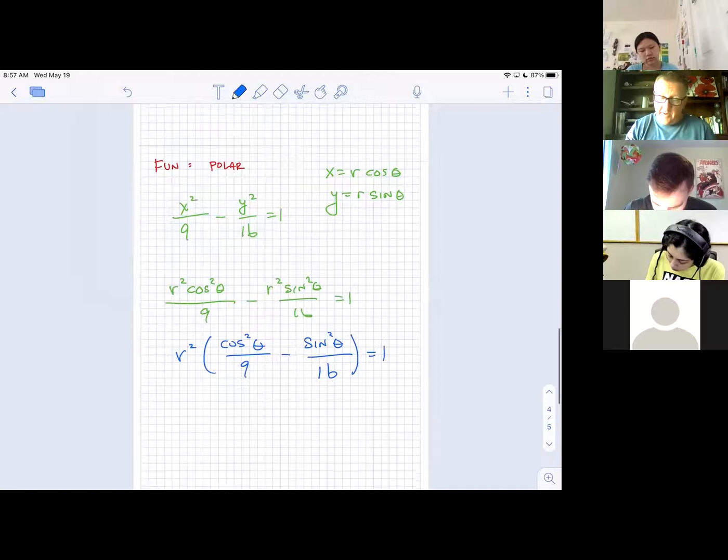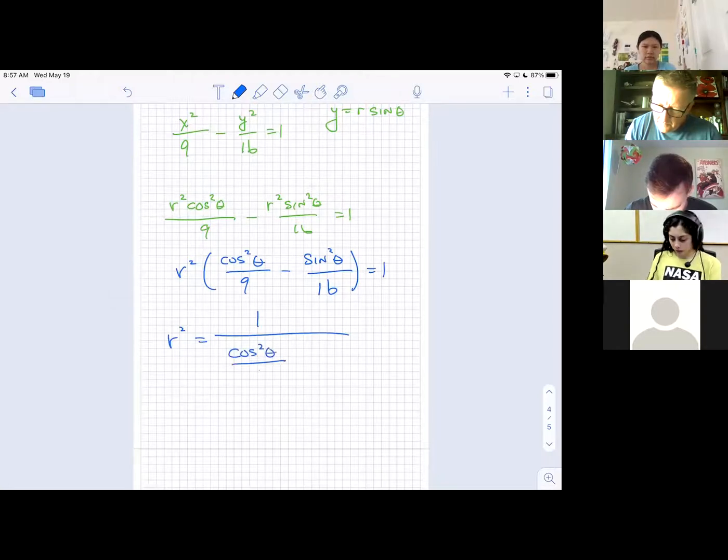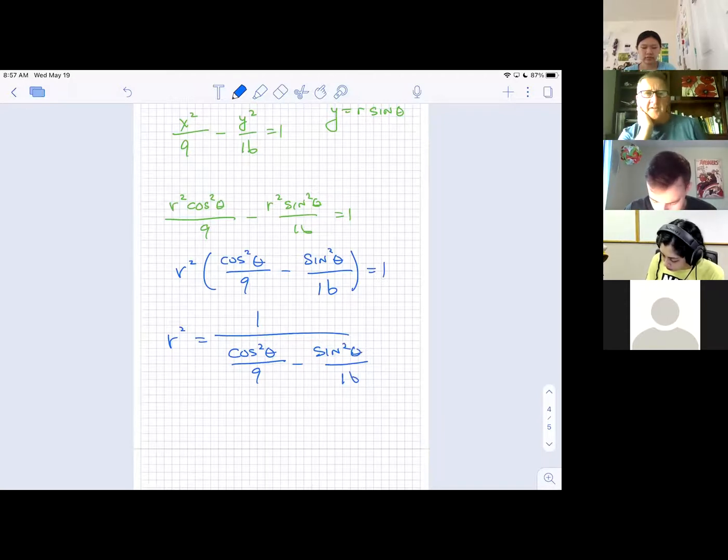And then I could divide, since I'm trying to solve for r, by all of that. I could mess around with this some more and look for identities.